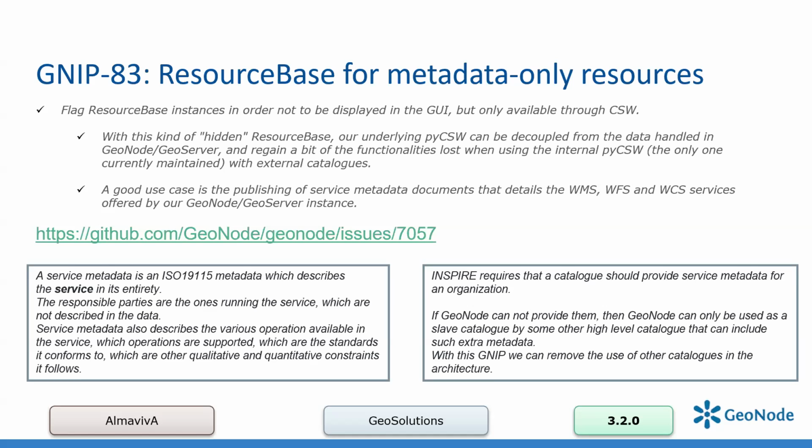So as an instance, just to do a quick example, you can describe through the catalog service the WMS service or the view service or a remote service or whatever, which is not really a layer, but it's something that simply describes a service at a higher level.